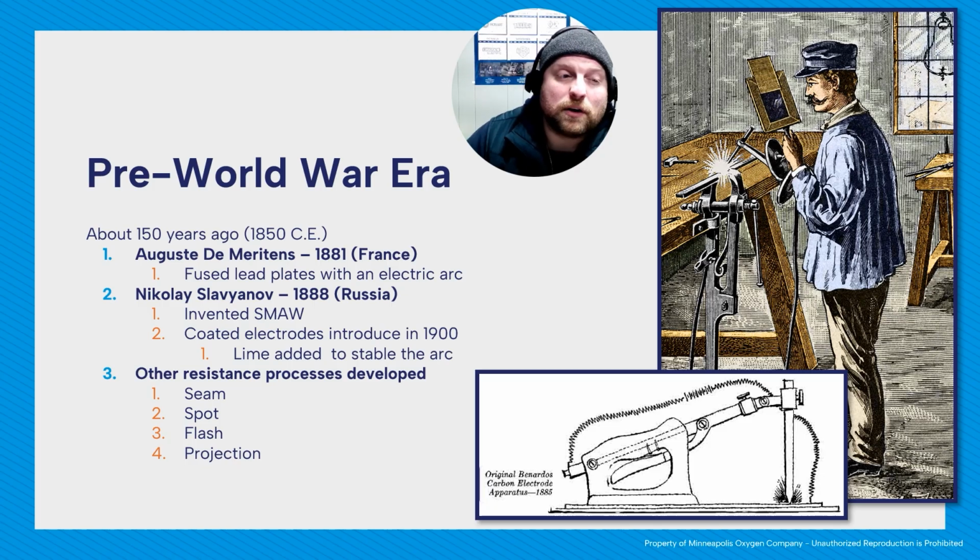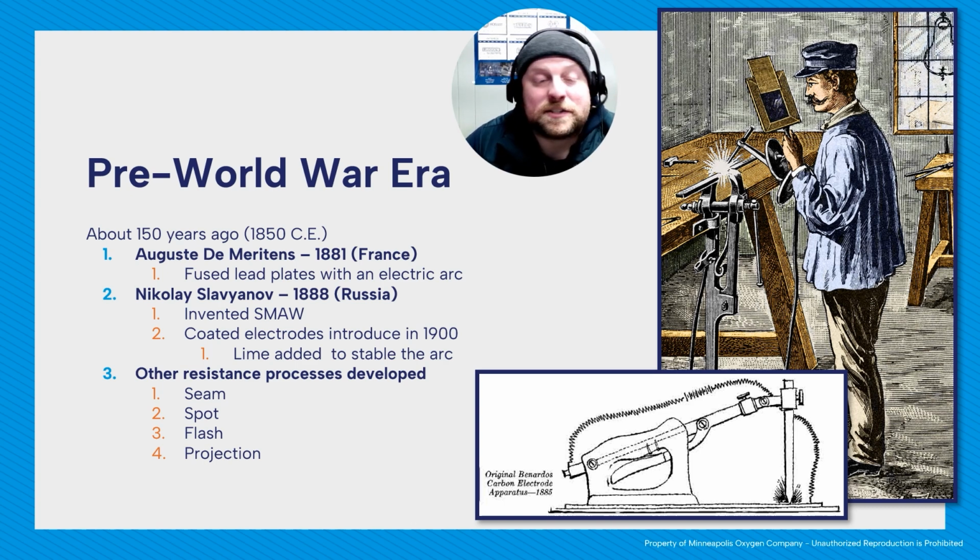If we look about 150 years ago, we'll say that's the modern era, about 1850, we have Auguste de Méritens from France, the first to fuse lead plates with an electric arc. Here is the carbon electrode apparatus at the bottom that was used. Then Nikolai Slavyanov from Russia in 1888 pretty much invented, well, he didn't really invent shielded metal arc welding, but he did invent using a filler metal electrode with welding.